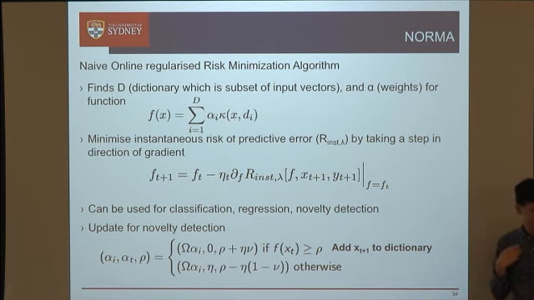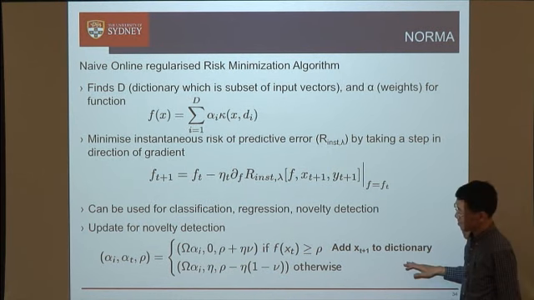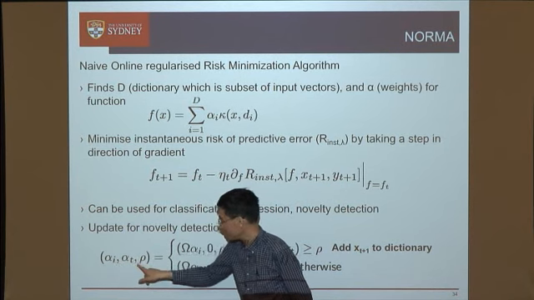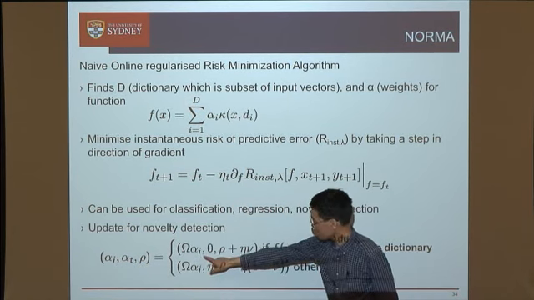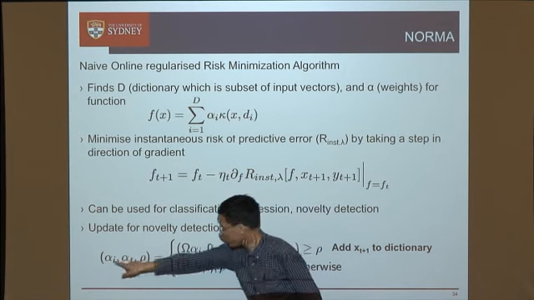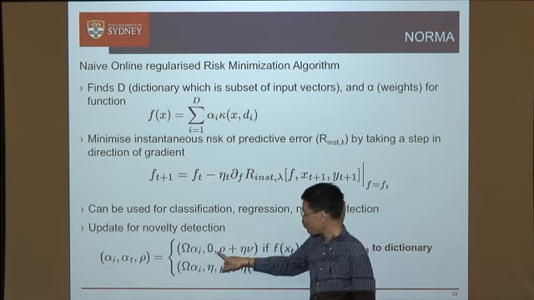If we're doing novelty detection, which is the example I'm going to use, then our update will be on these weights, and the update is basically a decay of the weight.